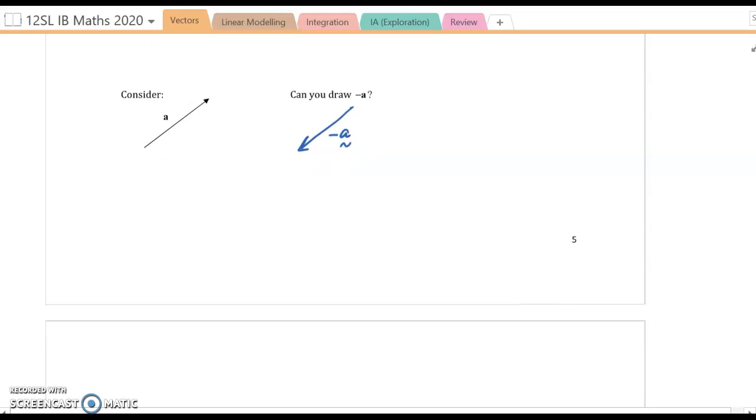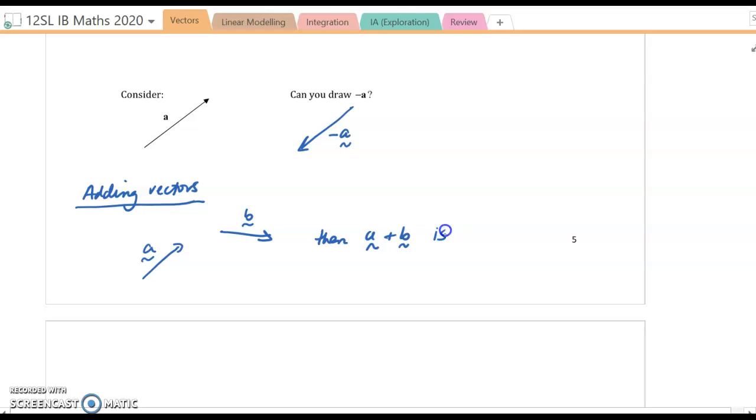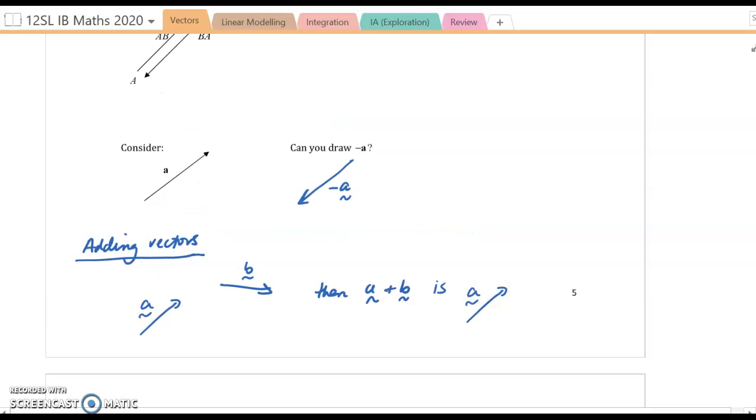I'm just going to add a little part here because it's going to make the next section easier. When we're adding vectors, say we have vector A and we've got vector B, then vector A plus vector B will be vector A, which I've copied and pasted, plus vector B, which I'll also copy and paste, but match up the tail to the head.